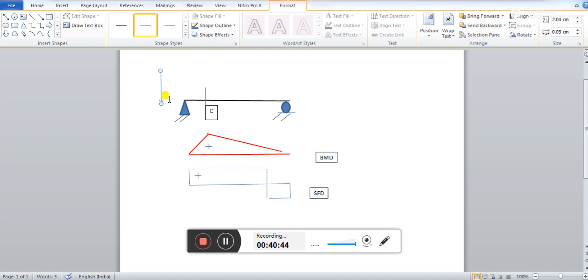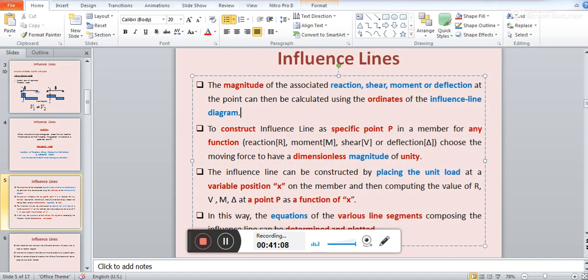You need not think about any unit. So without considering any unit, while you are moving this load throughout this structure, you must consider this load as a unit load, and this unit load should be a dimensionless number. So this is a very, very important point. You need not consider any other thing.